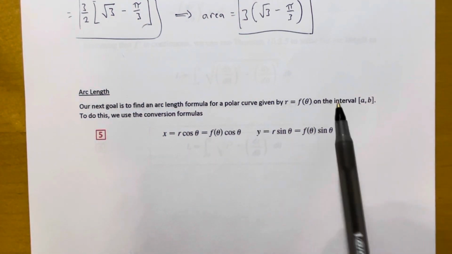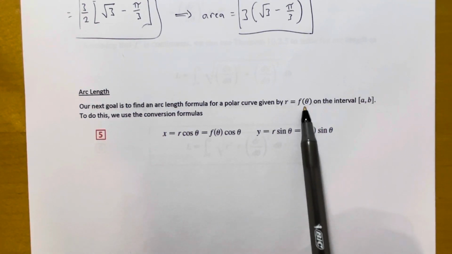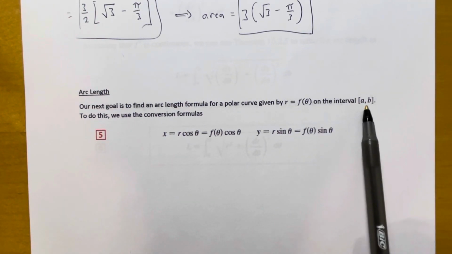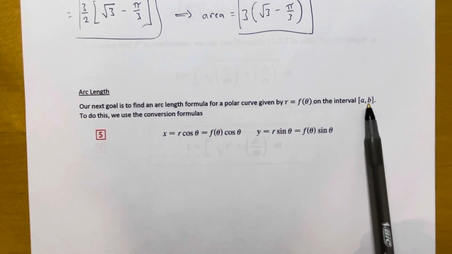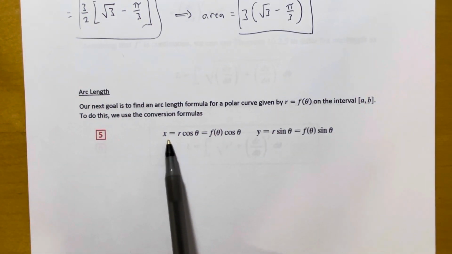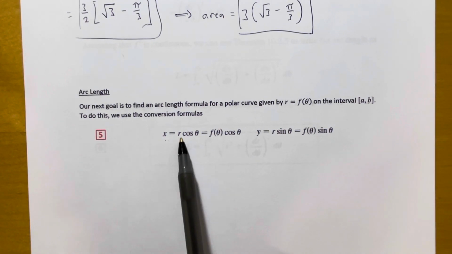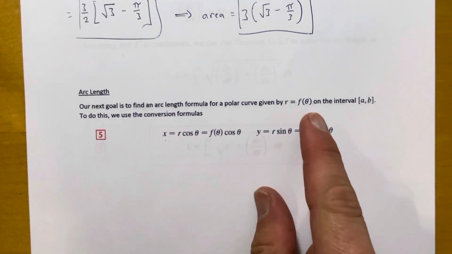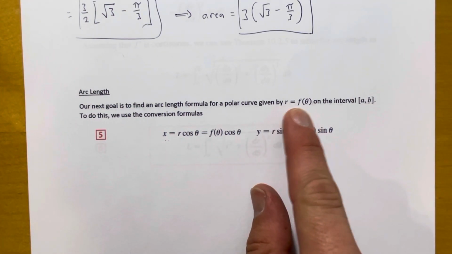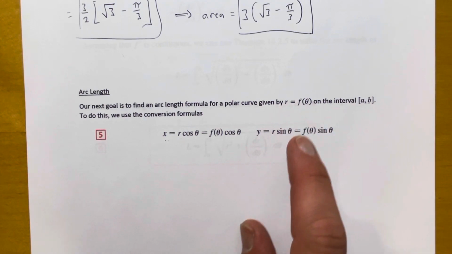Say you have a polar curve, again, given by r equals f of theta on some interval [a, b]. Our goal is to find the length of that curve on this interval. But we can use our conversion formulas. We know that x is equal to r cosine of theta when we're converting from polar to rectangular. But that r can now be replaced by an f of theta because this function sets these things equal to each other.